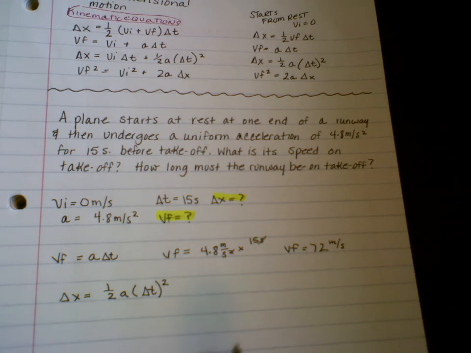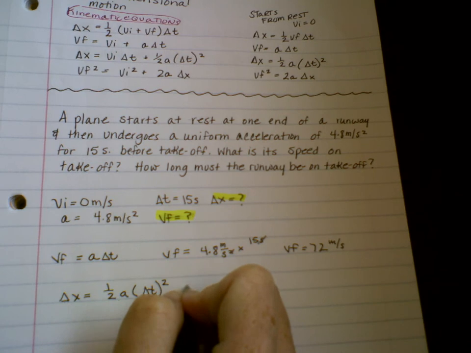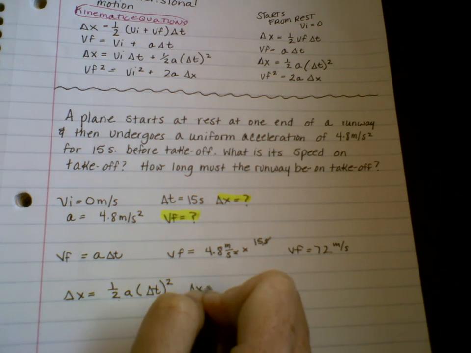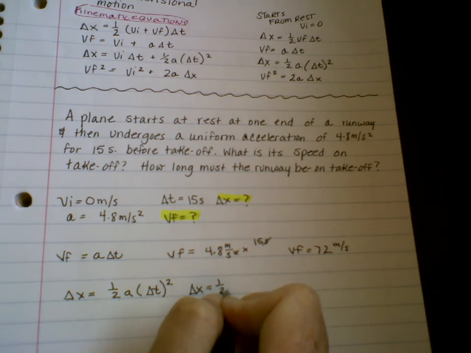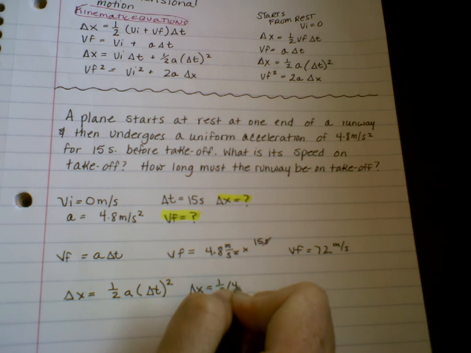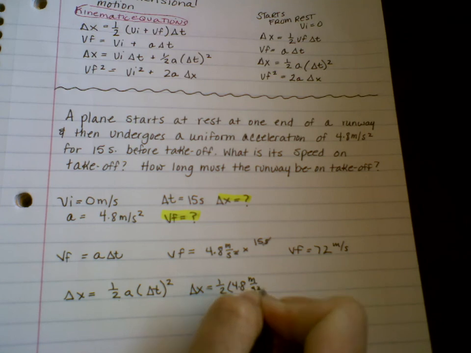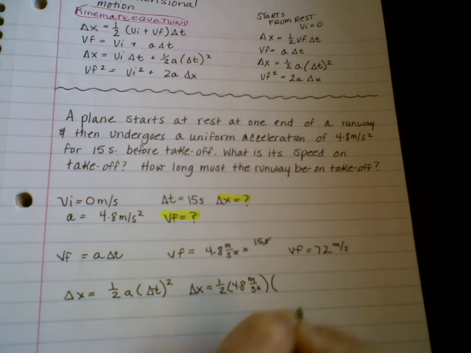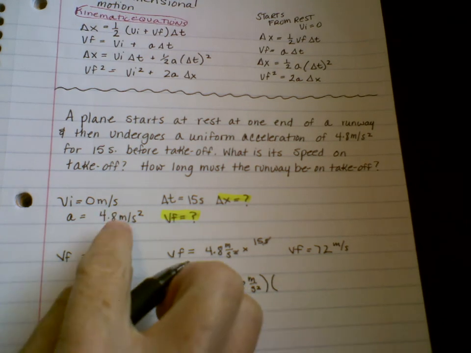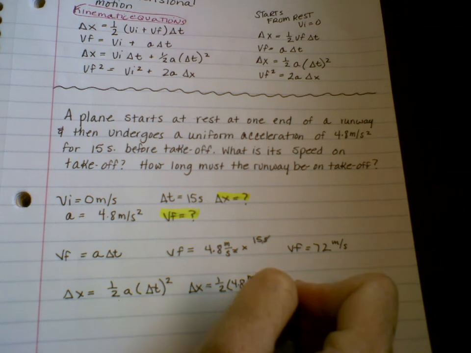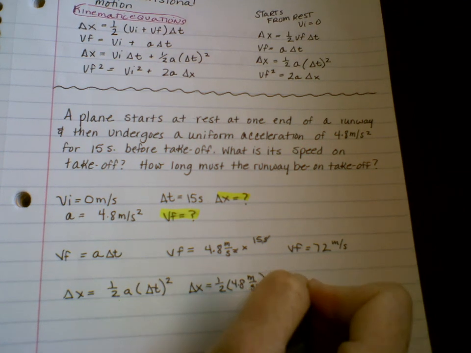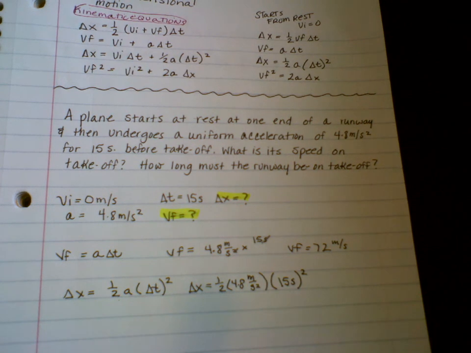That's the equation. Delta x equals 1/2 times 4.8 meters per second squared times t is 15 seconds. And I'm going to square that.